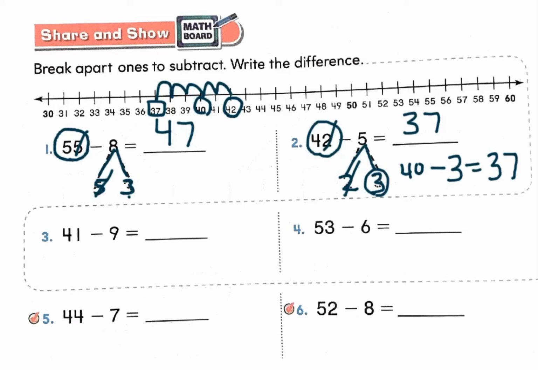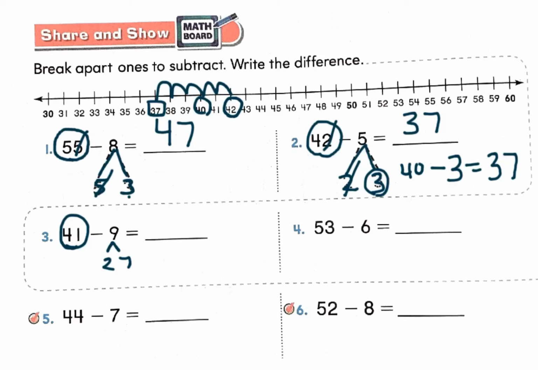Before I show you the answers, I wanted to talk about breaking apart the numbers a little bit. Some of you may have been getting confused when you break apart the number because I'll just show you an example. I know some of you know 2 and 7 make 9. And then it gets confusing because you need to make 41 40.